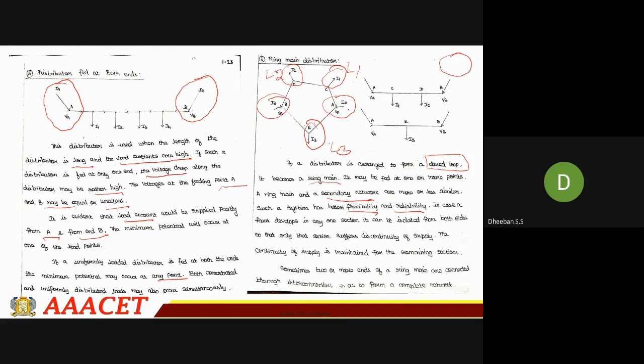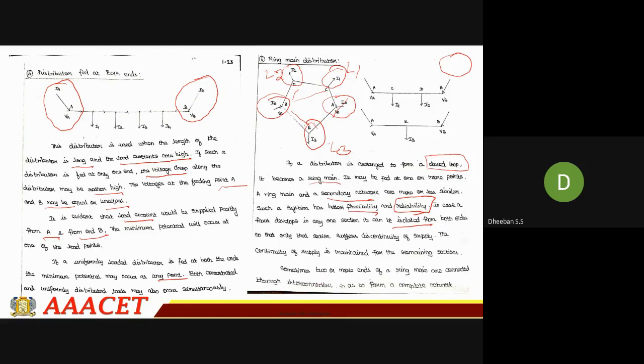If IA fails, then IB can provide the current to I1, I2 as well as I3. Similarly, if IB fails, IA can do the same operation. So this increases the reliability of the system. In case a fault develops in any one section, it can be isolated from both sides. This is what I explained just now.